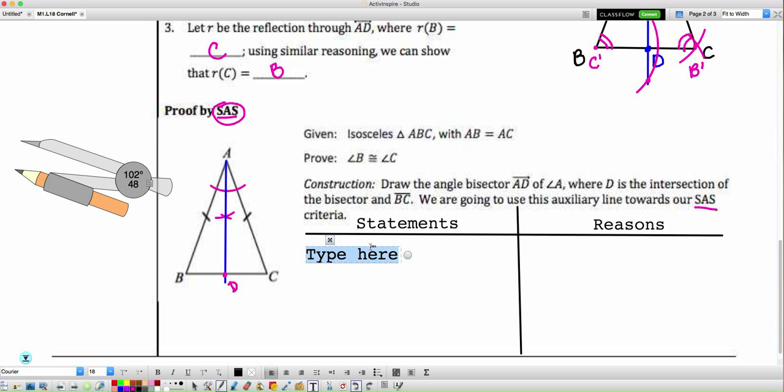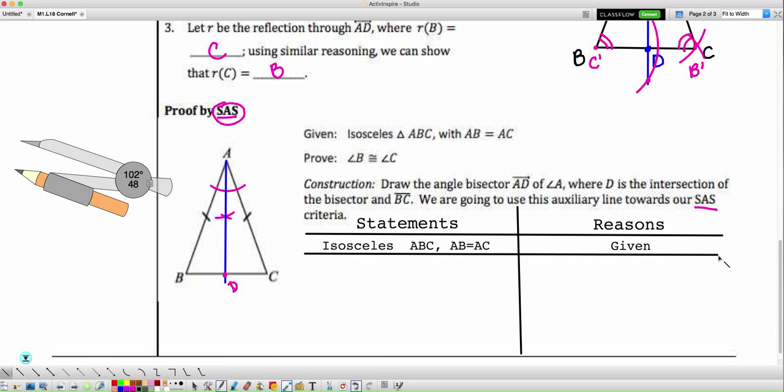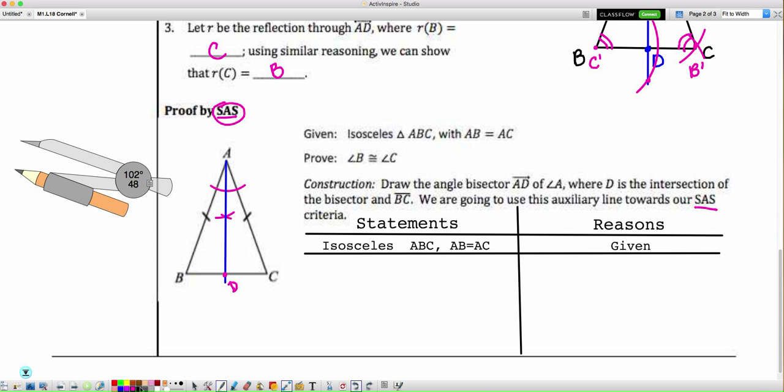So my first statement is always my given. So isosceles, let me make this a little bit smaller. We're doing an isosceles triangle ABC. And we're saying that AB equals AC. And my reason is given. So my next thing is trying to identify SAS.